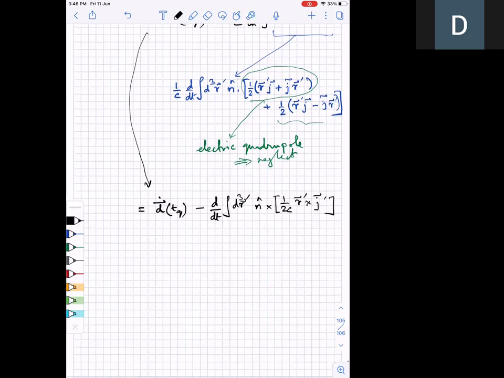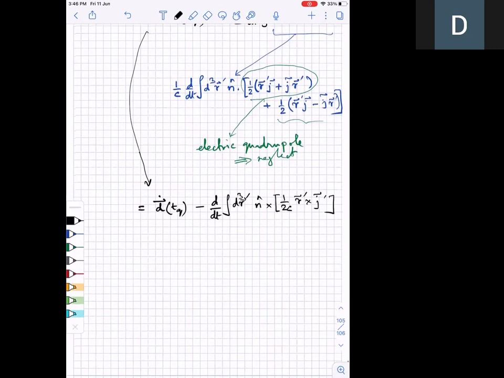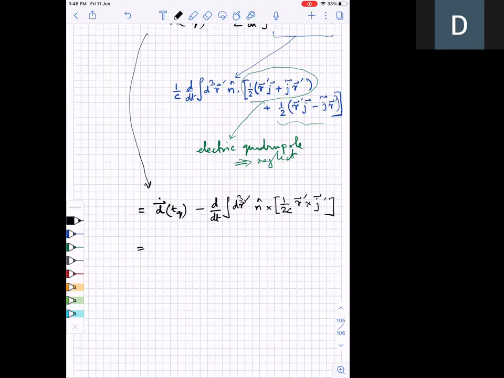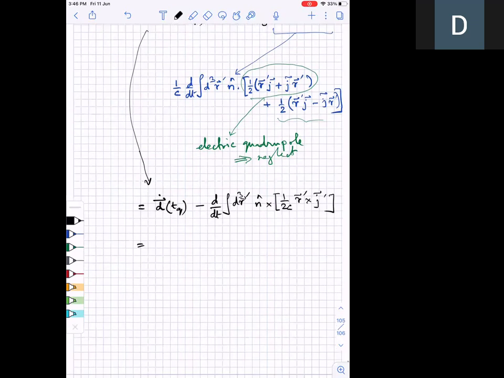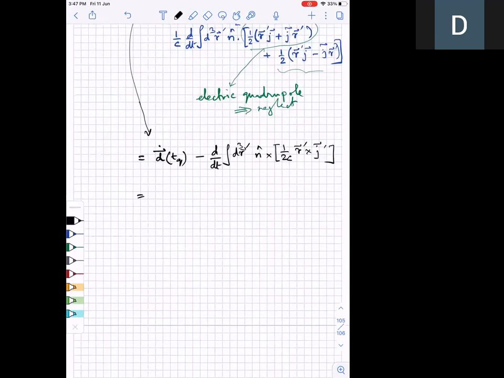Now, if you look at this, what is this? This is something very interesting, right? What we have got over here is this 1 by 2c r cap cross j cap, an integral with d cubed r, that is nothing but the magnetic moment.